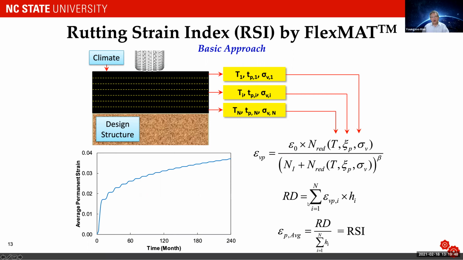And then once you know the permanent strain in each layer, we multiply by the sublayer thickness, sum them up to get the rut depth. And RSI is simply average permanent strain for the asphalt concrete layer. So rut depth divided by the summation of all the sublayer thickness. So RSI, rutting strain index, is an average permanent strain for the given asphalt mixture.